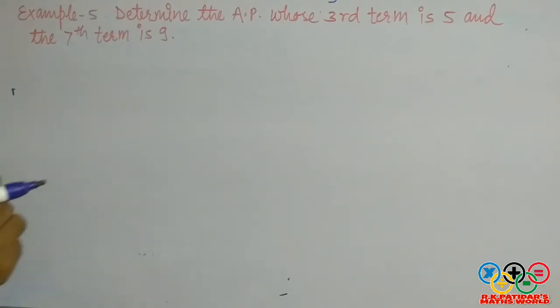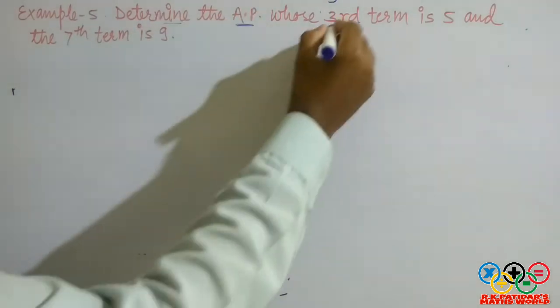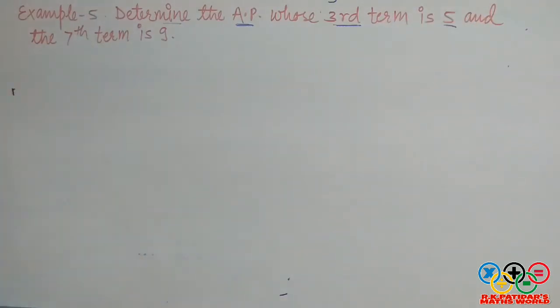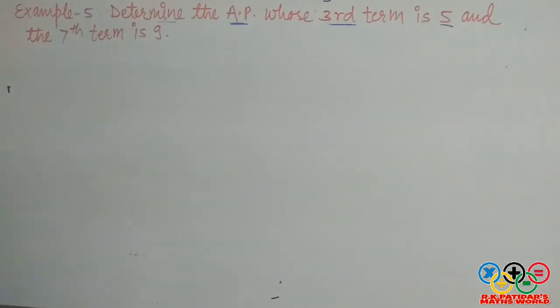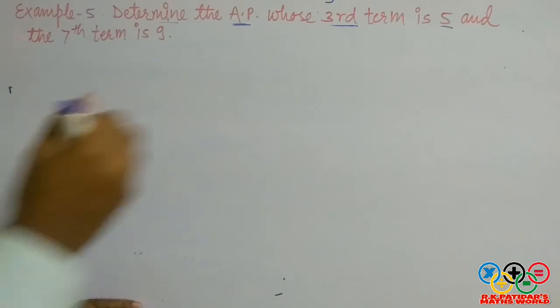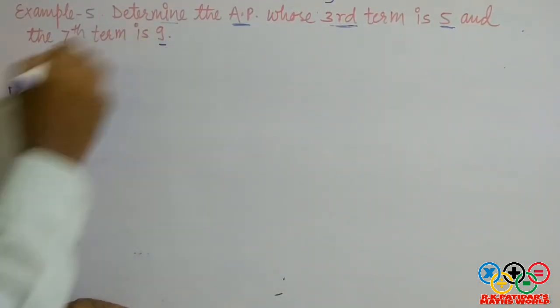Example 5 of our NCERT book. We have to determine an AP here whose third term is 5 and seventh term is 9.